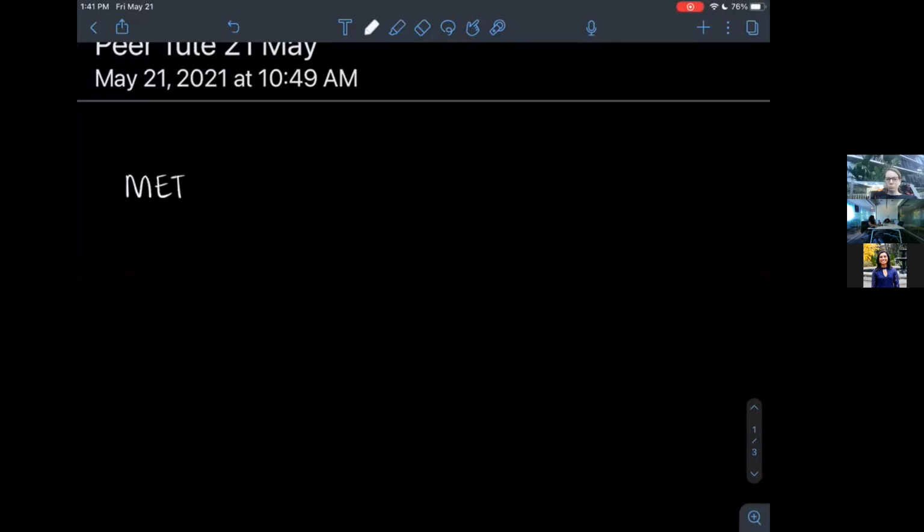We're just going to quickly go over what metabolic disorders we're going to be looking at that cause acidosis or alkalosis, and then from there we'll go into how we're going to approach questions. So let's start with alkalosis first. Metabolic alkalosis.